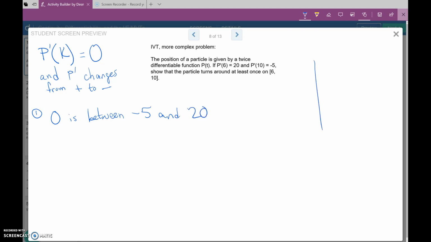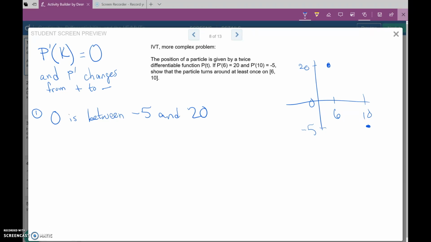All right, so I don't know what p prime looks like, but in between 6 and 10, I know that at 6, p prime is 20, and I know that at 10, p prime is negative 5. So 0 is, in fact, in between negative 5 and 20. So we know that's true.